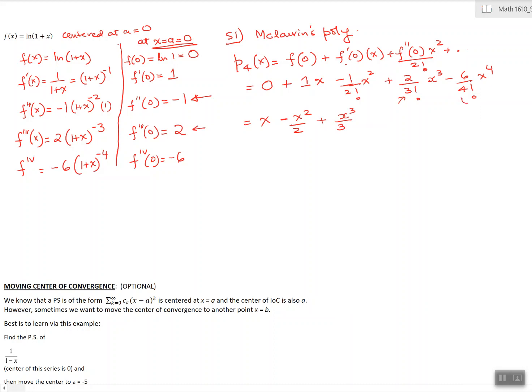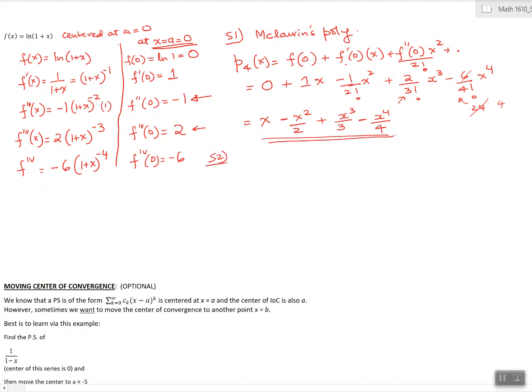Now 4 factorial is 24, and then I have a 6 here in the numerator, so I get minus x to the power 4 over 4, because 6 and 24 leaves me with a 4. So this is the polynomial.